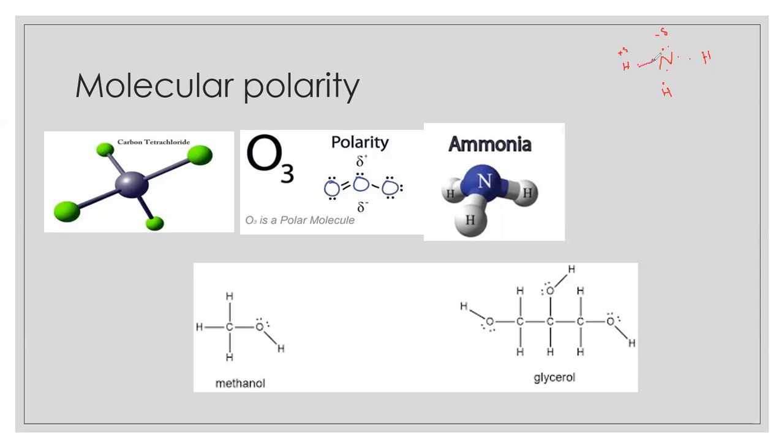So make sure you show the bonds: partial positive, partial positive, partial positive. If you want to show the direction of the vector, this is the direction of the vectors. These vectors will not cancel each other again because of this lone pair here, which is not symmetric. So this is polar.